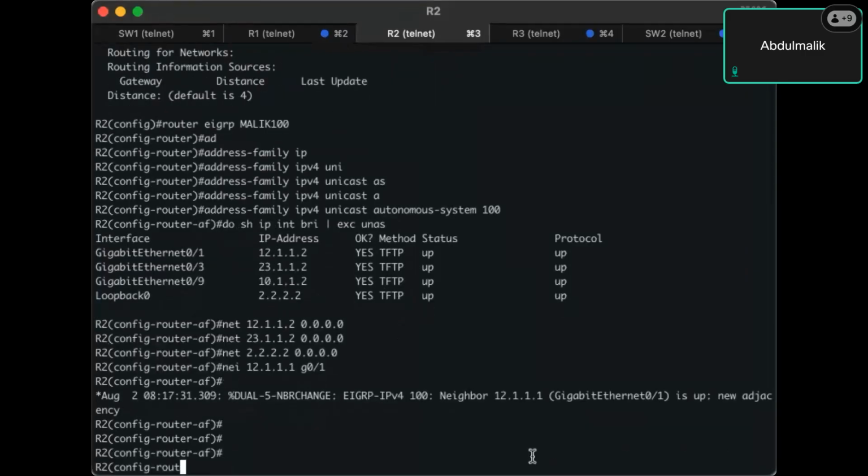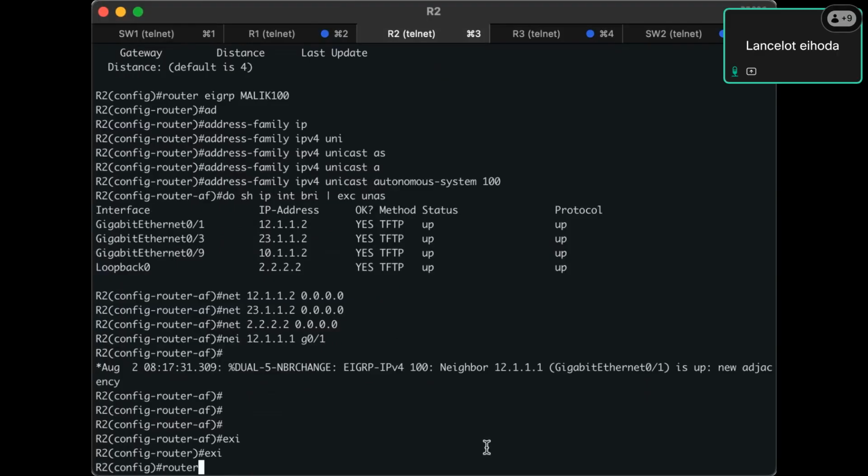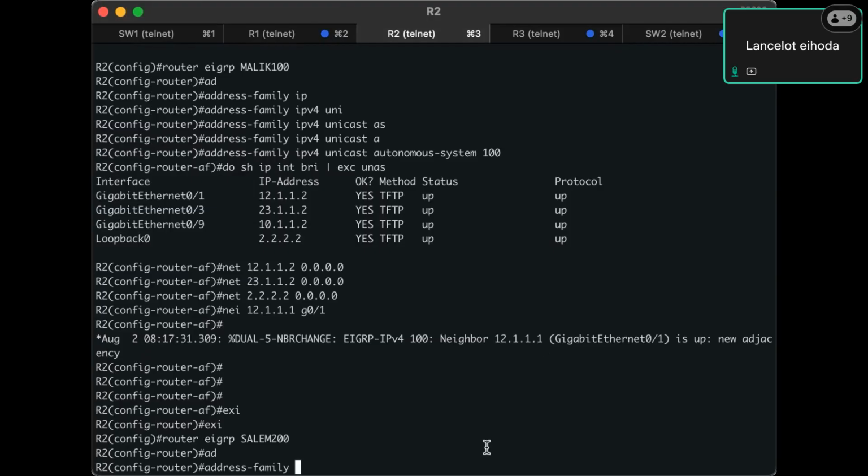Beautiful. So we also said that we have the other autonomous system 200, right? That we named after Salem. Yes, Salem 200. Same address family, and do you know why I'm naming it 200?